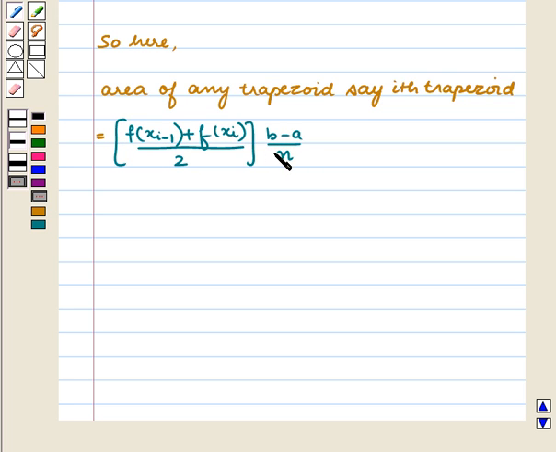Because we have h is equal to b minus a upon n, this is equal to f of xi minus 1 plus f of xi upon 2 into h.